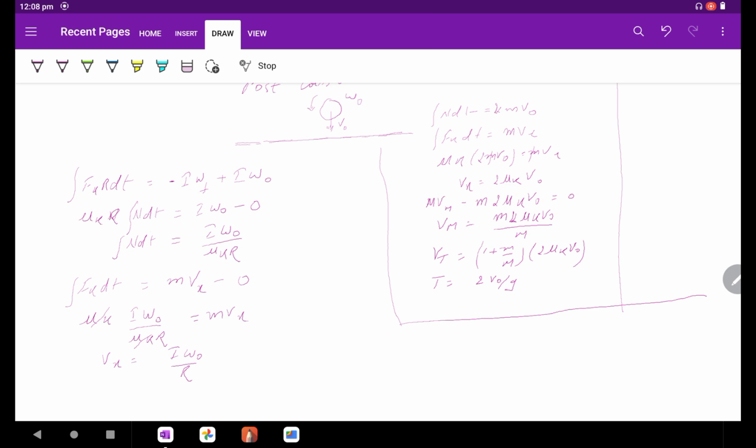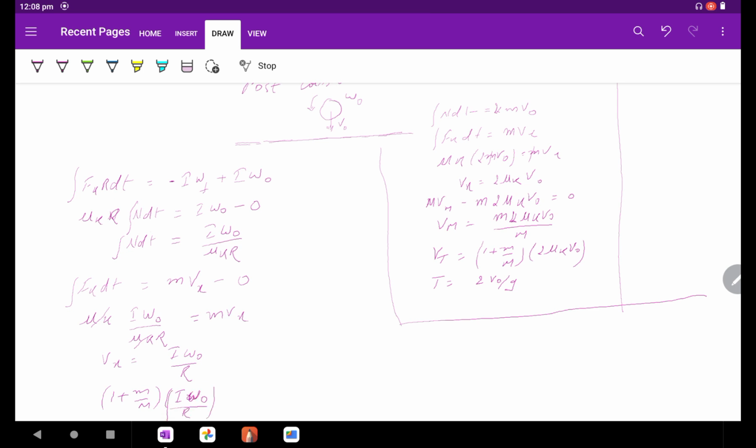Next, same as I said, as we got over here to make a 2 mu k v naught out, we'll be getting the same here, 1 plus small m by capital M. Conserve momentum, nothing much. You'll get to see it when you do this. Into I naught, I omega naught. I have taken I by r.